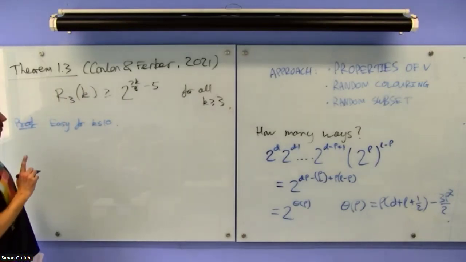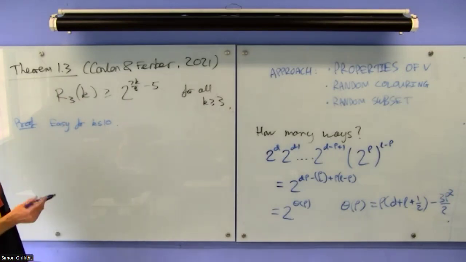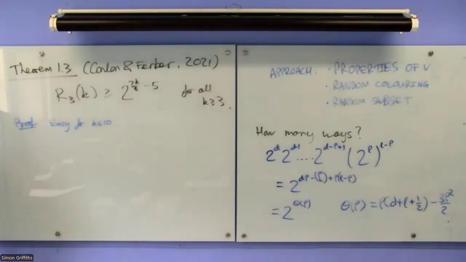Another thing, you may have noticed in our results, we wanted K even. We wanted the dimensions to be even, and we're going to be using K as the dimension. It's useful if K is even.